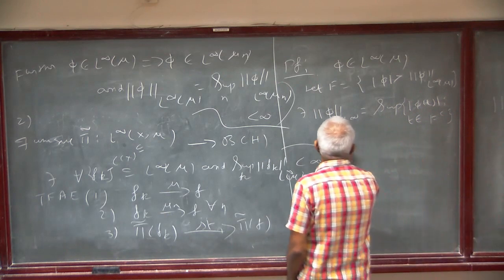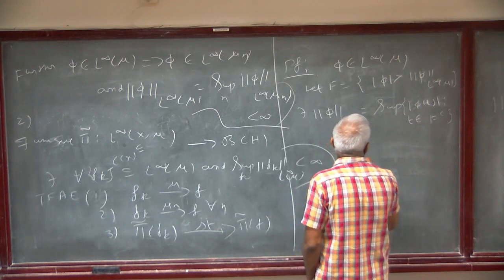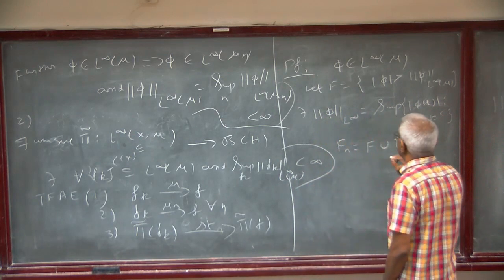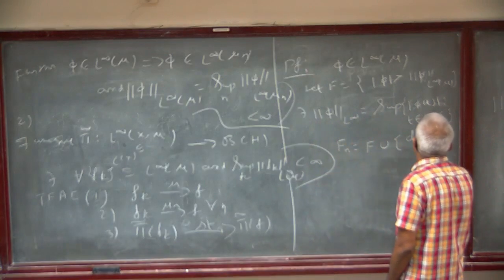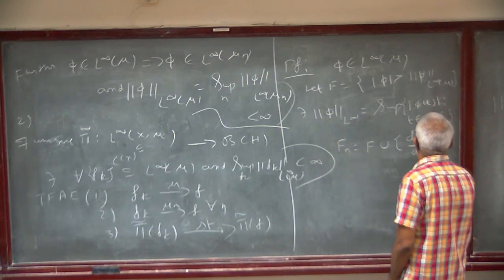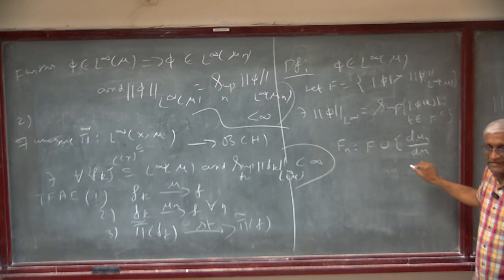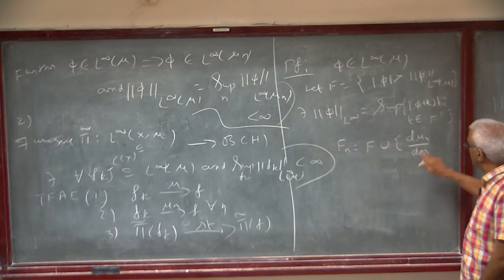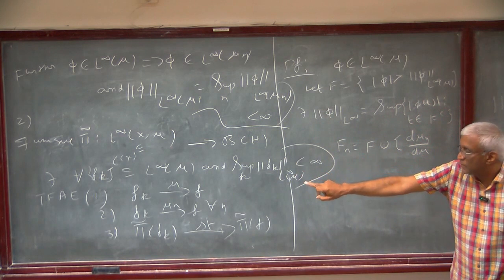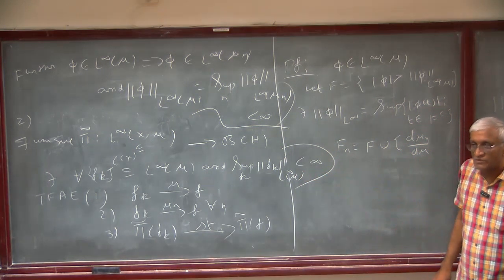Now define N equal to F union the set D, where the derivative is absolutely continuous with respect to mu. That's what we have noticed: mu is equal to 0 if mu of E equal to 0.